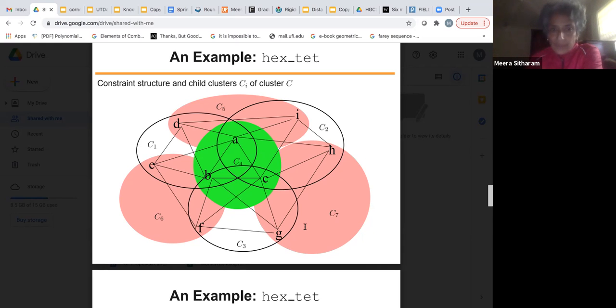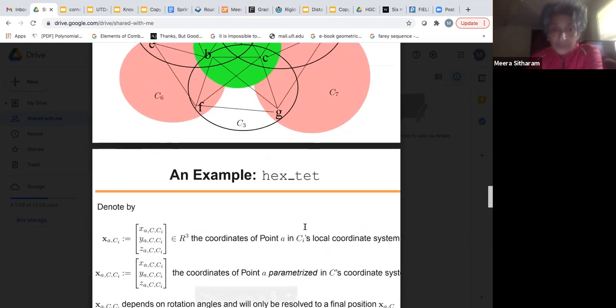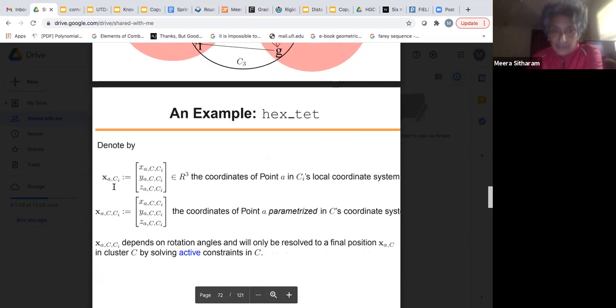What it's going to do is represent the X coordinate in the coordinate system of that particular child, which I call Ci, a child subgraph.